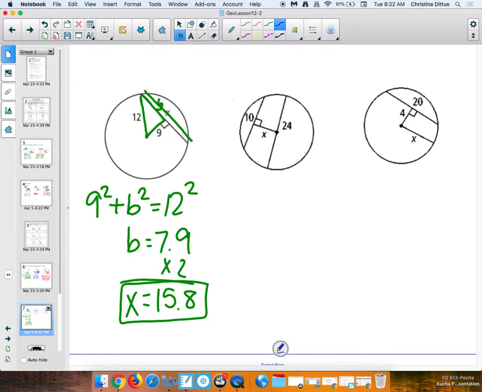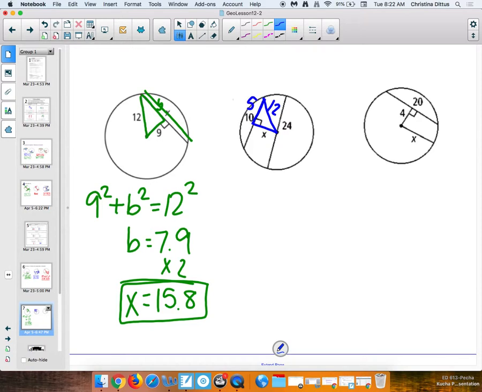Yeah. You notice I have a right angle. And I can make a triangle. That's a radius, right? So how long is that line? 12. How long is this guy? 5.